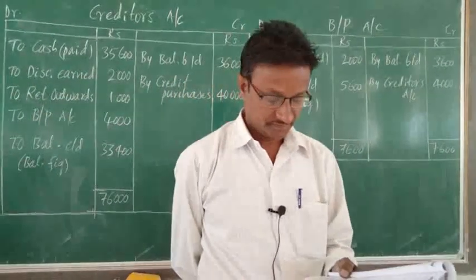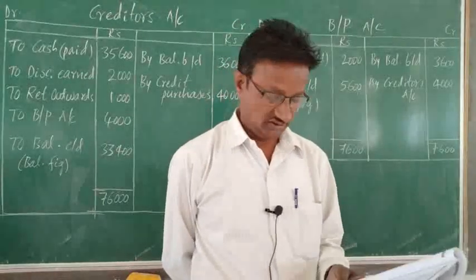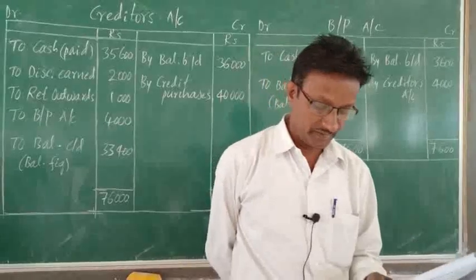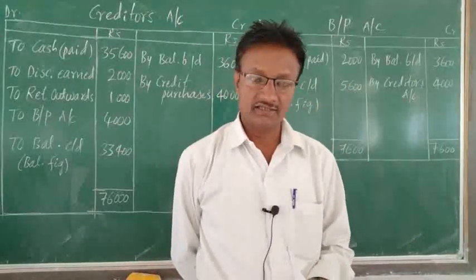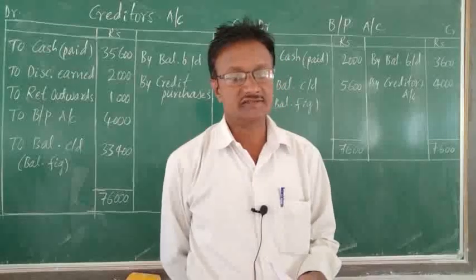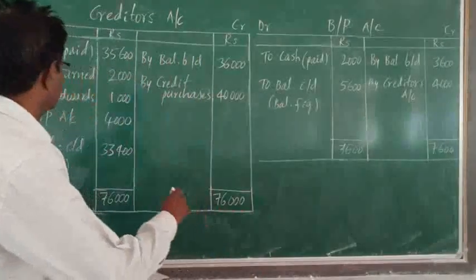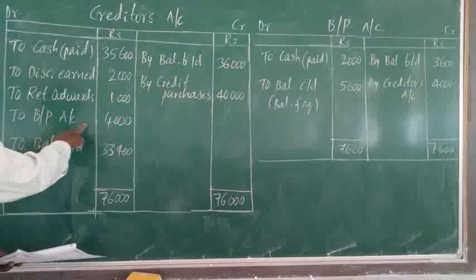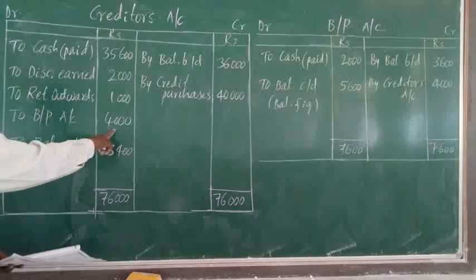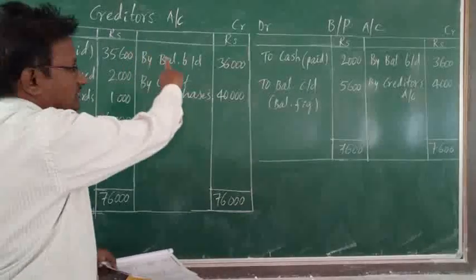Next transaction related to creditors is bills payable accepted 4,000. Bills payable accepted or bills payable issued is entered in the creditors account on the debit side as to bills payable account 4,000, and in the bills payable account we have to make the entry as by creditors account.